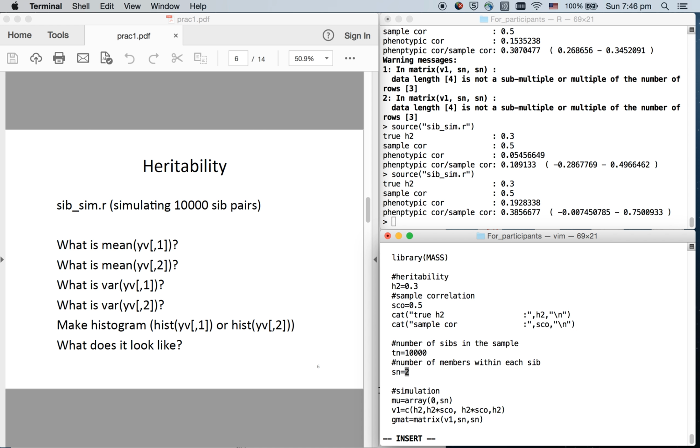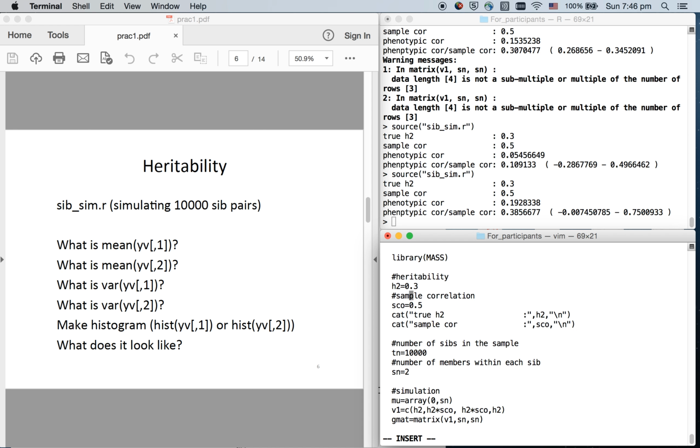I don't know what value is in your code, but you need to change any value to 2. So assume you have one pair from each family. That's what this simulation does.